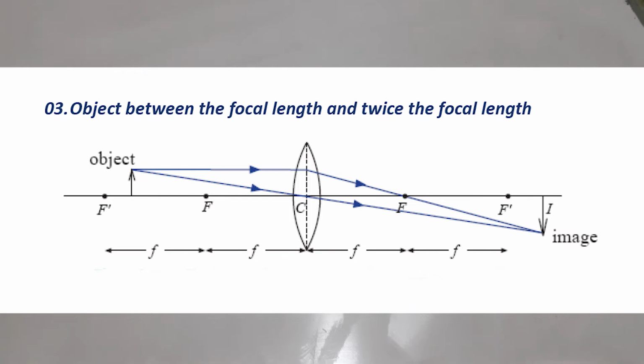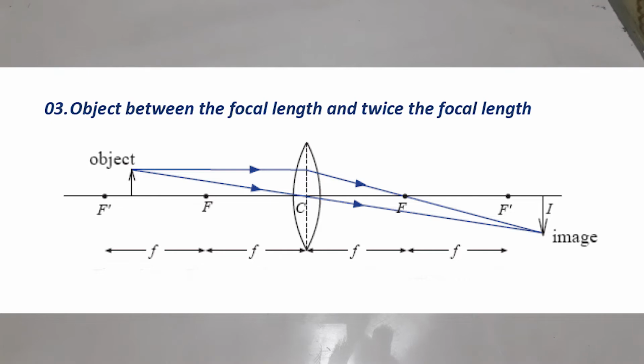This kind of image, which is upside down compared to the object, is known as an inverted image, right? As you can see, these light rays actually meet, so the image formed will be a real image, meaning that this image can be taken onto a screen. This image will also be larger than the object.